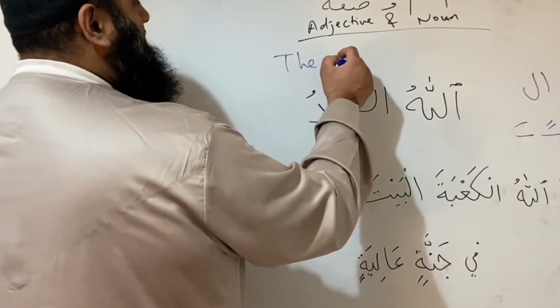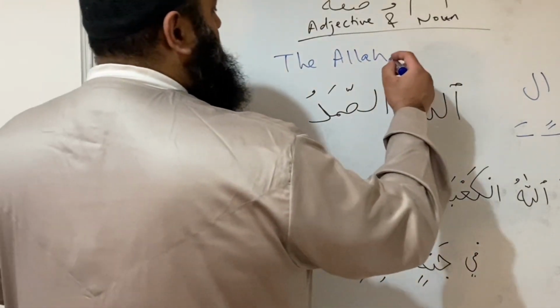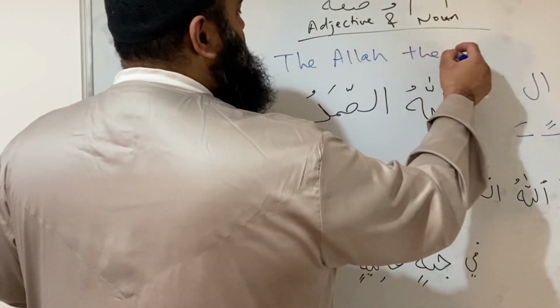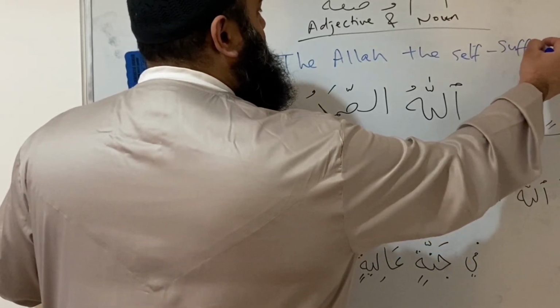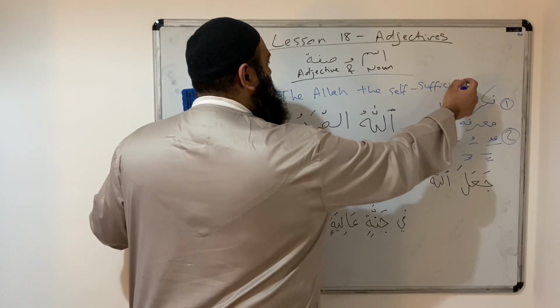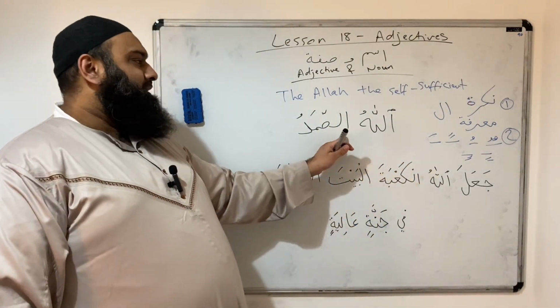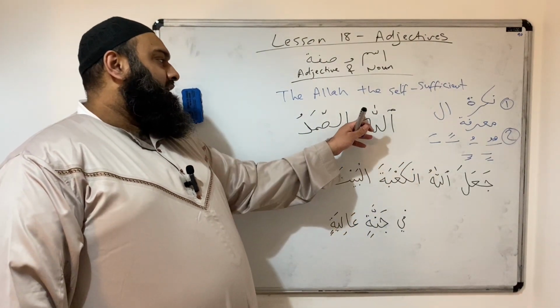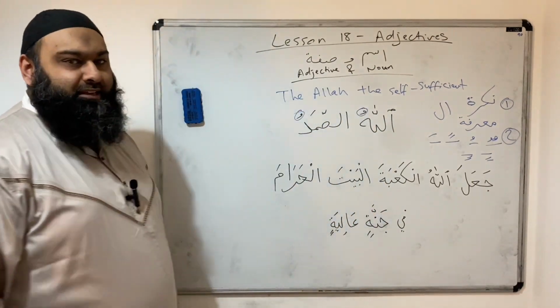Obviously we will just say Allah the self-sufficient. Allah has got alif lam, so As-Samad has also got alif lam. Allah is taking a dhamma, so As-Samad is also taking a dhamma.